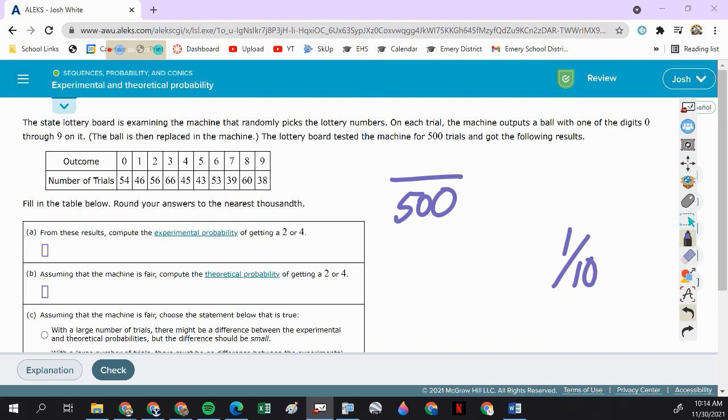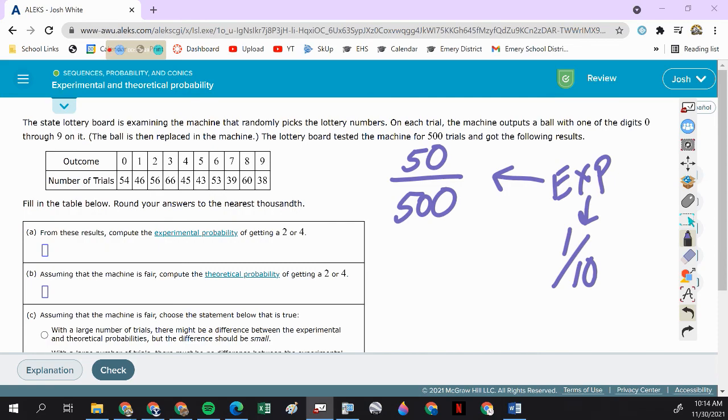So 1/10 of the results should be a 0, which would be how many? What is 1/10 of 500? Would be 50. Okay? This is the expected probability. That's what should happen.